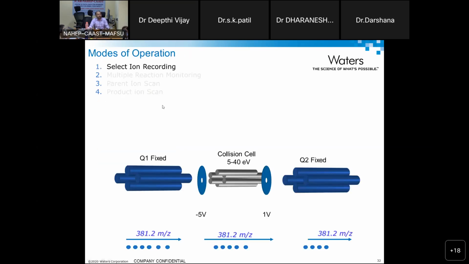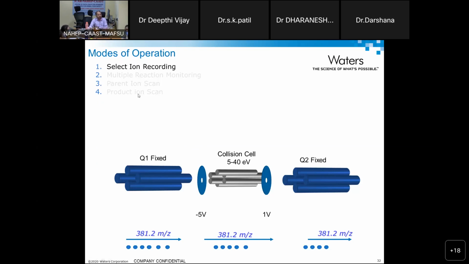So selected ion recording means only a parent mass or the precursor ion will be identified and used for the quantification. As I've told you, there are two quadrupoles, and in between them we have a collision cell. Let's say a particular compound has a mass of 381.2.